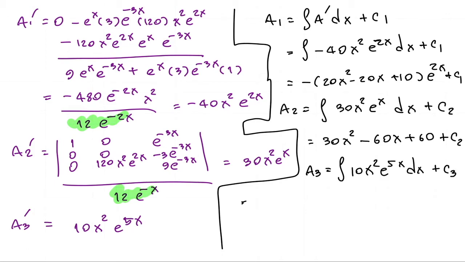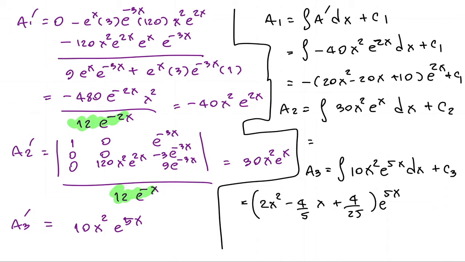And this one is 2x squared minus 4 over 5 x plus 4 divided by 25 e to the 5x. Okay, oops, guys, sorry, I forgot one term here. Let me write it again. The a2 is 30x squared minus 60x plus 60 e to the x plus c2. Okay, and this is plus c3.